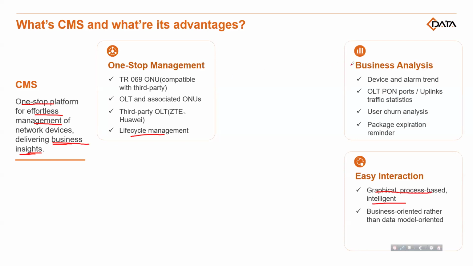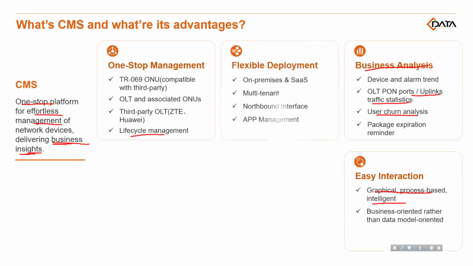So we provide some business analysis, such as device and alarm trends, OLT PON ports and uplink traffic statistics, and user churn analysis, and remind us when the user's package is nearing expiration. There are also other advantages, such as flexible deployment, which is easy to understand.